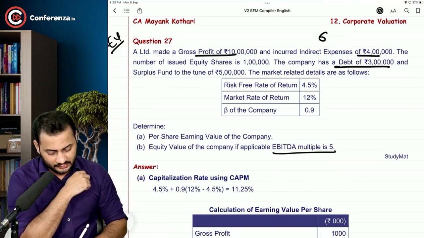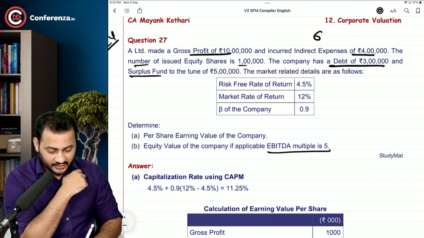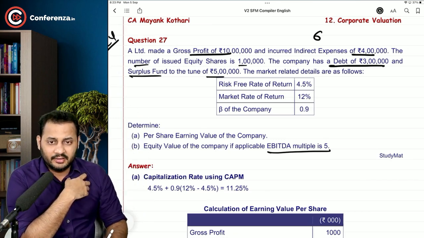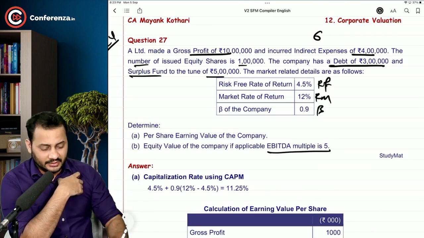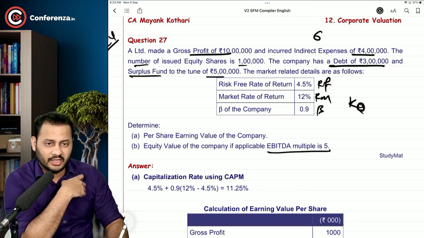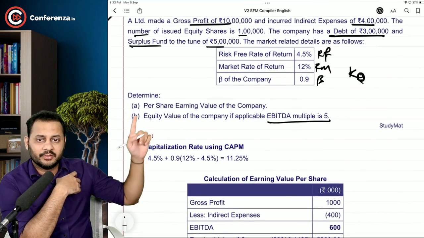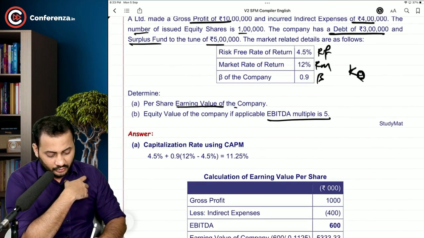Surplus fund is 5 lakh. The market related details are the risk-free rate of return, market return, and the beta. With this, we can easily calculate the overall cost of capital of the company. Now we have to find out the per share earnings value of the company.